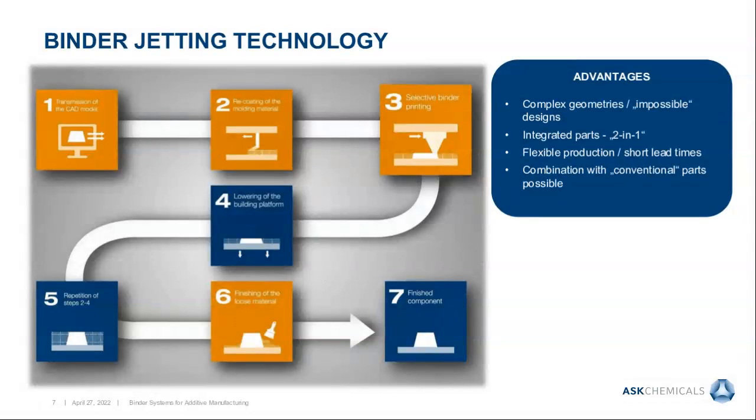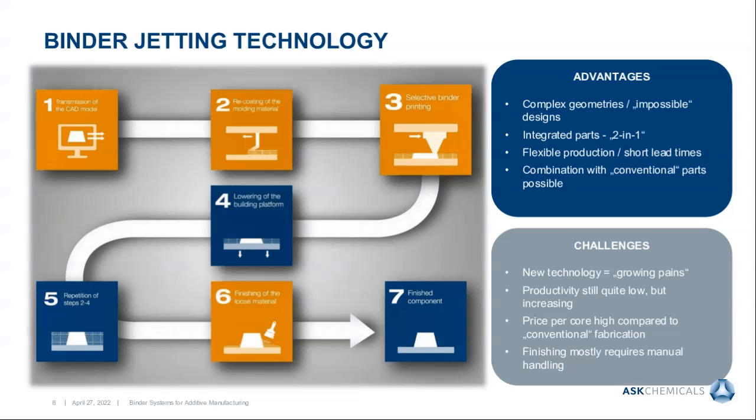Of course, the digital nature of the process enables very flexible production, therefore leading to shorter lead times in production. Combination with conventional parts is possible, so that not everything in a core package has to be printed. It can be combined with conventionally manufactured parts.